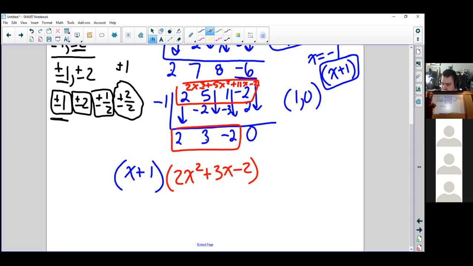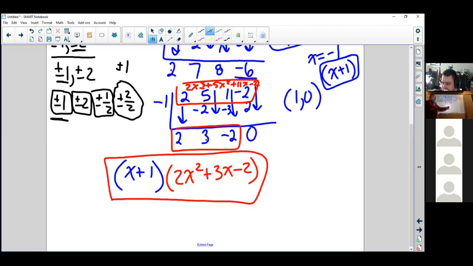Okay? Now, I don't know if that's going to factor any further. I know so far, if I were to multiply it out, so I multiplied x times those 3 terms, and then 1 times those 3 terms, combine my like terms, I would get my original 2x to the third plus 5x squared plus 11x minus 2. Okay? But I don't know if it's going to factor any further. Okay, so let's think about just this.